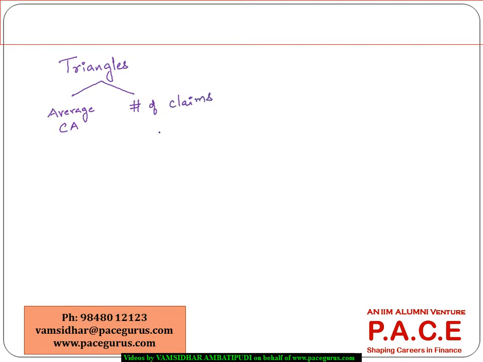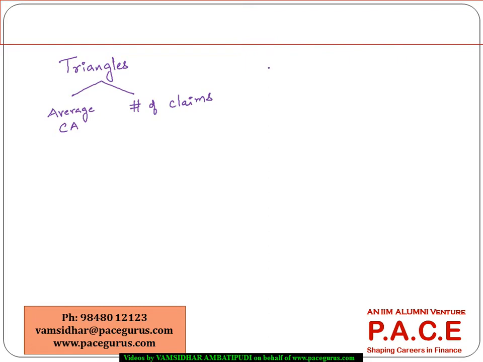Based on these two, we'll develop a third table, which takes these two things and comes out with the total claim. So basically, three major tables are involved here, and after that, we get into the projection of the figures. Finally, whatever claims we are required to project, we make the projections accordingly.